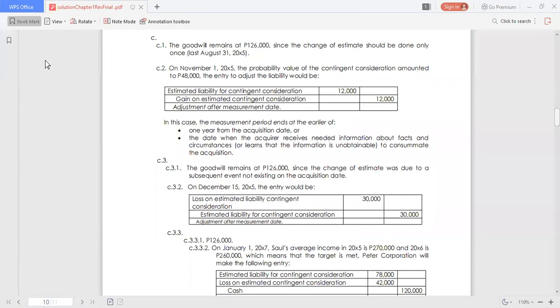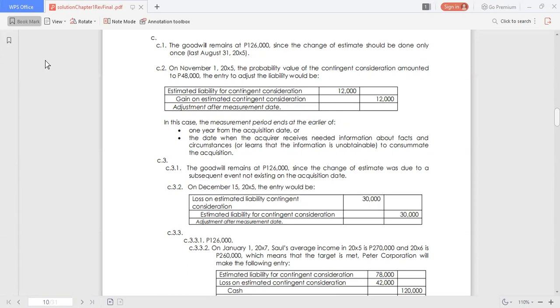So the amount of goodwill remains at 126,000 since the change of estimate should be done only once, last August 31. C2, prepare the required entry to reflect the adjustment. So that's your debit to estimated liability, and we now credit gain. So the estimated liability is now reduced to 48,000 instead of 60,000.